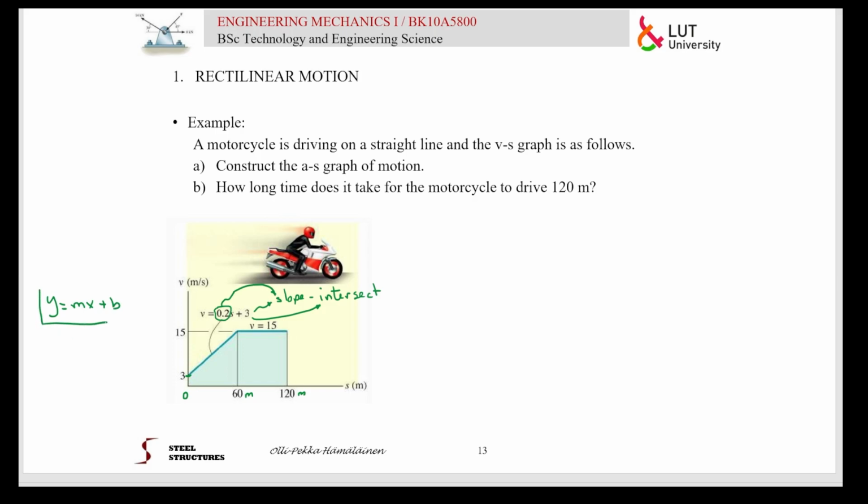This is the slope-intercept form, where m is the slope, or the rate of change, and b is the point where the line crosses the vertical axis, or y in this case.